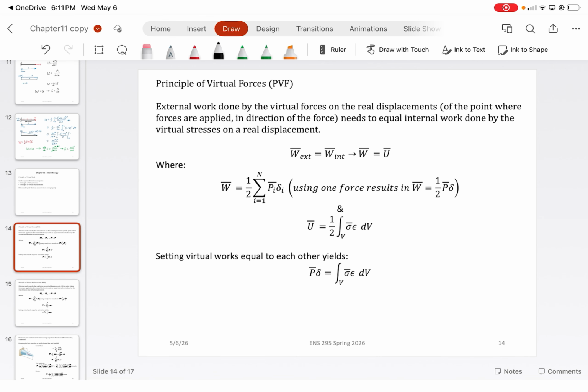Basically, imagine two entirely separate systems and then merging them together, where your virtual system is basically a unit force, unit displacement type of thing. And then it's kind of a scaling situation to get the alignment to properly work out. You'll see that everything will work out at the end.